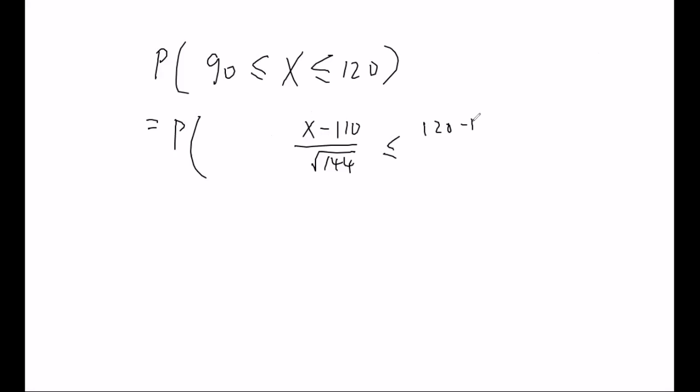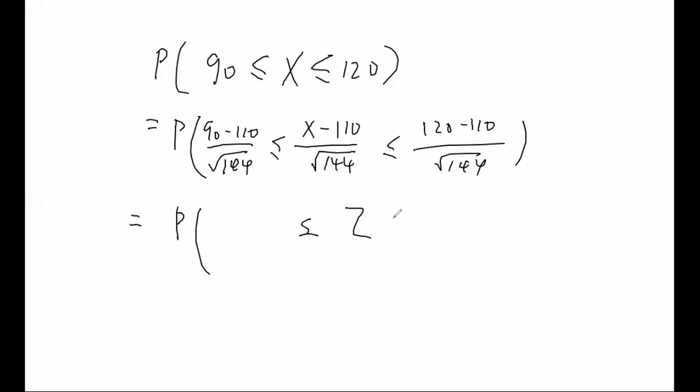So do the same on the left-hand side and the right-hand side, okay? So basically this leaves you with minus 10 over 12, and 10 over 12.